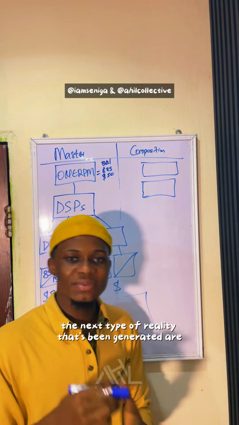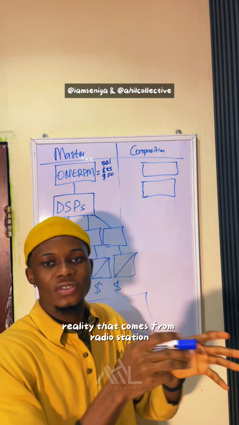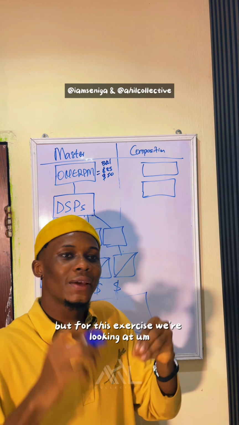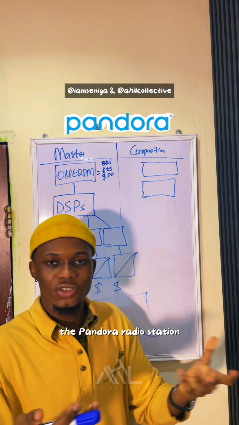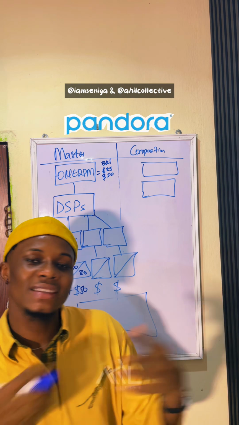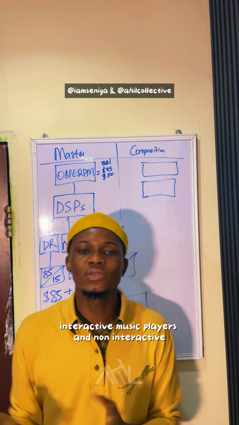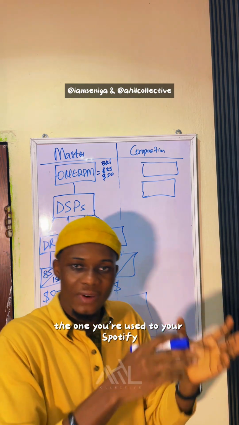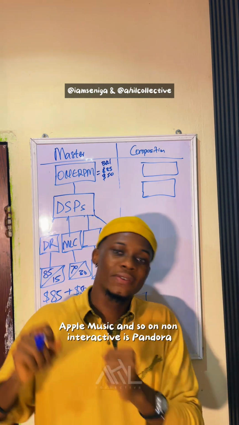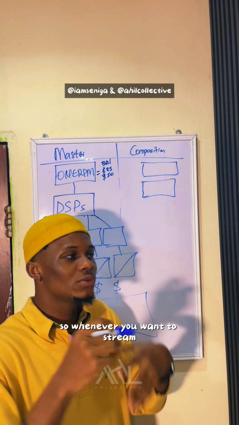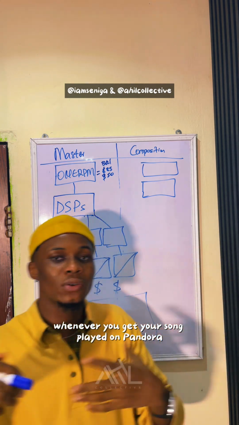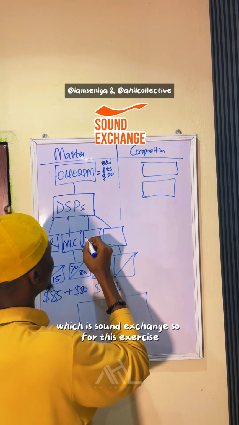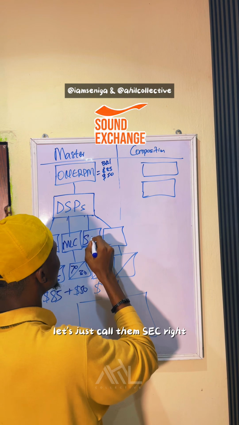The next type of royalty being generated is royalty that comes from radio stations. We have different types of radio stations, but for this exercise, we're looking at the Pandora radio station. We have two types of music players: interactive and non-interactive. Interactive is your DSP, the ones you're used to, your Spotify, Apple Music, and so on. Non-interactive is Pandora. Whenever you get your song played on Pandora, there's a particular entity that collects your royalty for you, which is SoundExchange. For this exercise, let's just call them SEC.